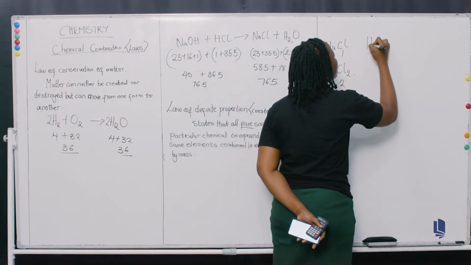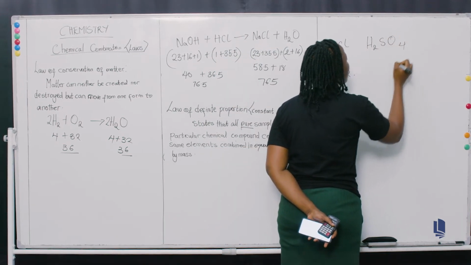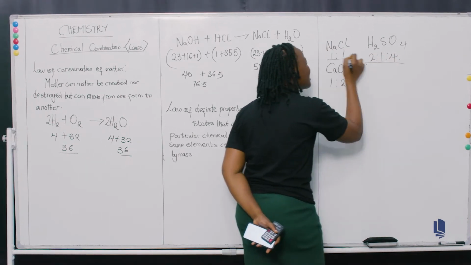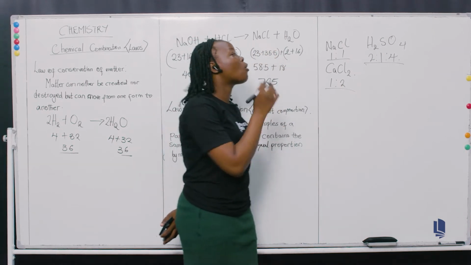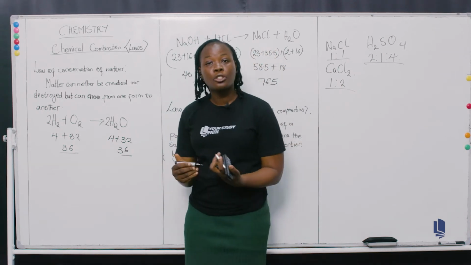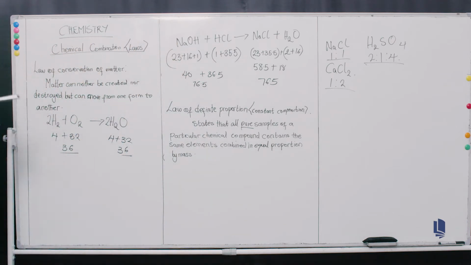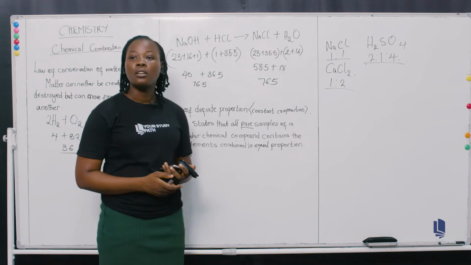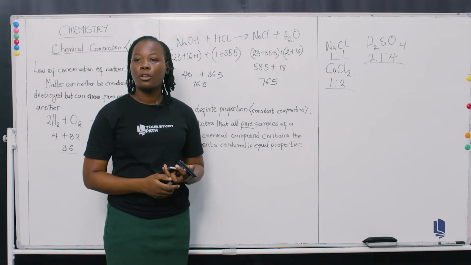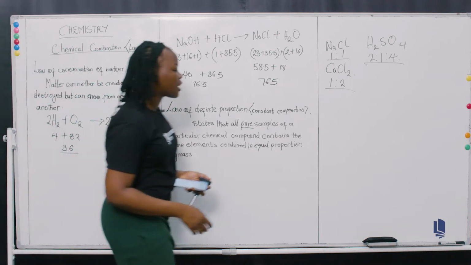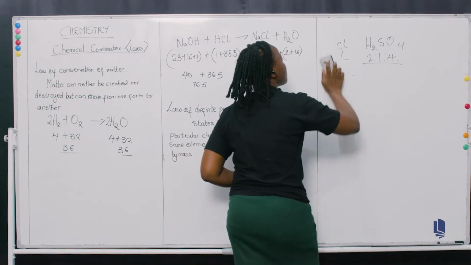Let's consider H2SO4. This is 2:1:4, and this is fixed everywhere. Anywhere these chemical compounds are produced, the ratio has to be fixed. The law says that all pure samples of a particular chemical compound contain the same elements combined in equal proportion by mass. So the masses are usually definite. Let's take a verification question.